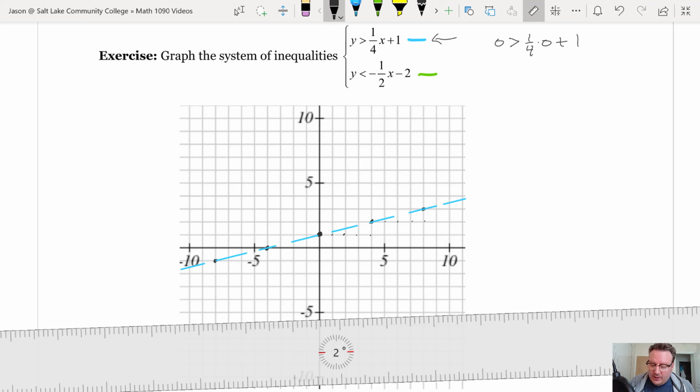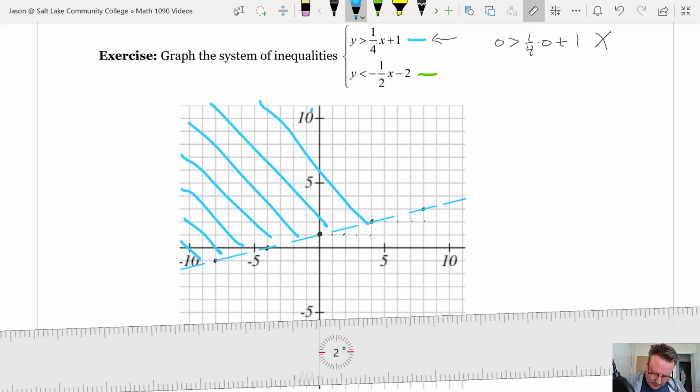Is 0 greater than 1? No, it's not. So the origin, like I claimed, is not part of the solution set. It's the points that are above the line that are part of the solution set. So I'm going to cross hatch maybe like this to indicate that we want all of these points in the upper half of the plane.